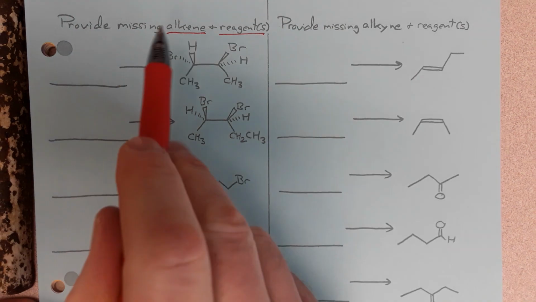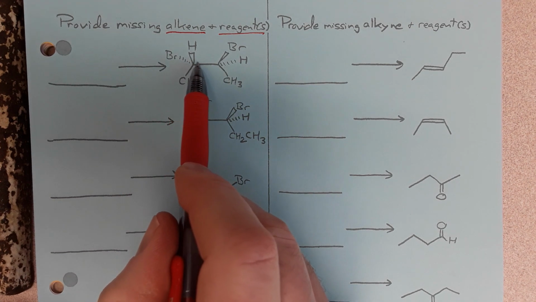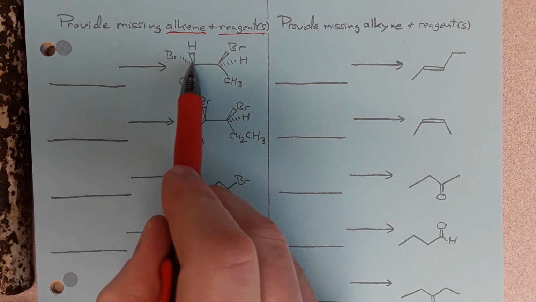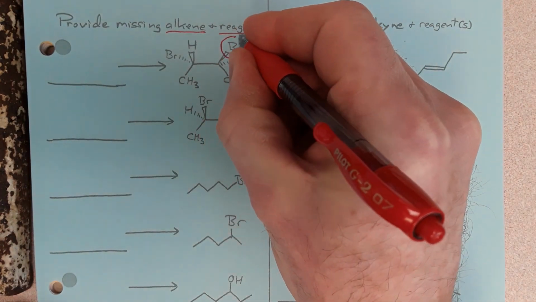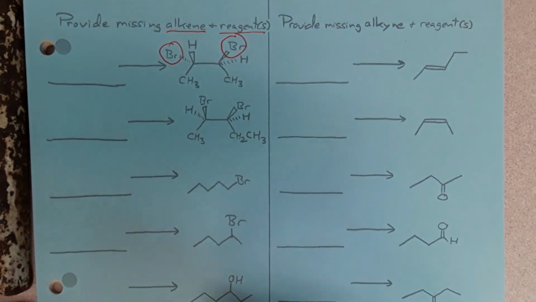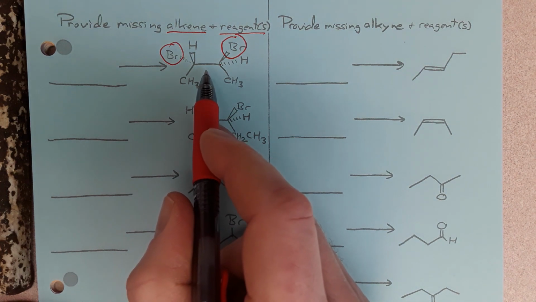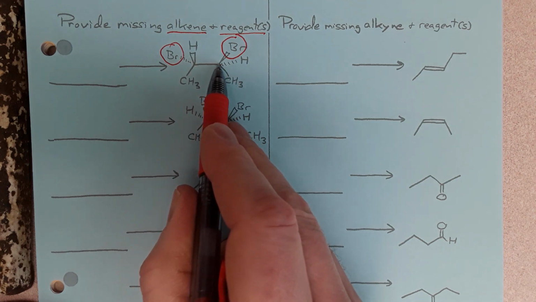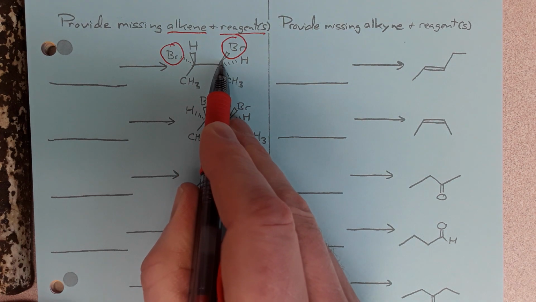First one, okay, so we're making it from an alkene, so what's going on here is we have the same carbon skeleton in the reactant as we do in the product, and this is a 1, 2, 3, 4 carbon chain. And then we see in this product we have a bromine attached to this carbon and a bromine attached to that carbon. So as you're thinking about where the double bond would be, you should automatically be thinking, well, it would have to be the double bond in the middle, because in an addition reaction you add one thing to one end of the double bond and another thing to the other end of the double bond.